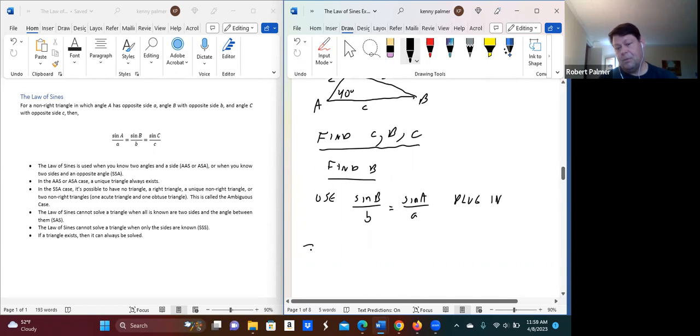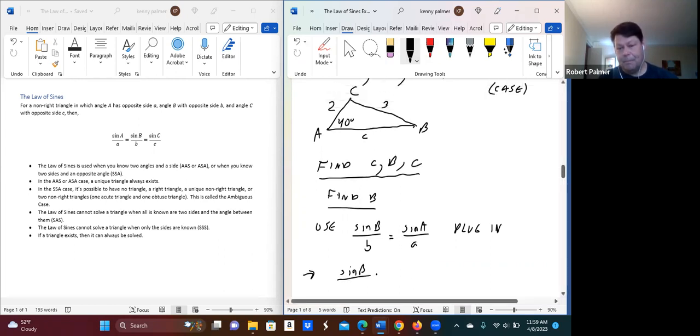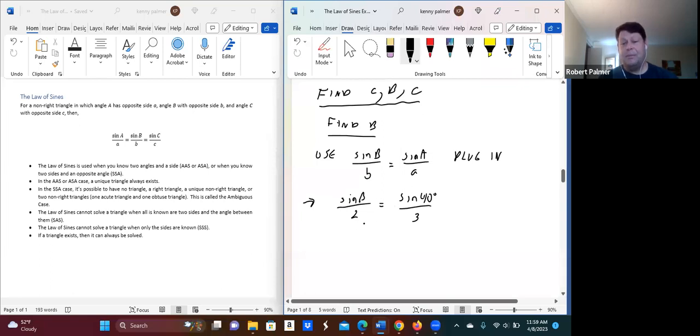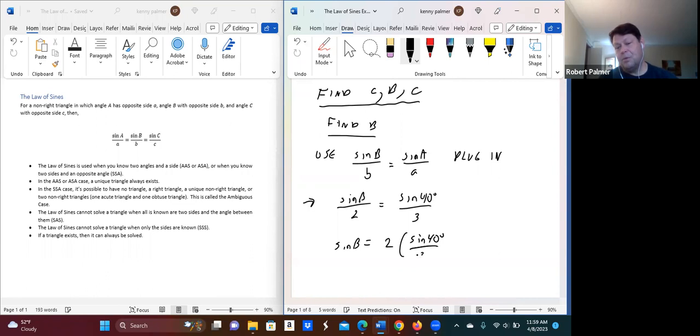We have the sine of angle B over side B, which was 2, is equal to the sine of angle A, which was 40 degrees, over side A, which is 3. Now just multiply both sides by 2. That's going to give us the sine of angle B equal to 2 times the sine of 40 degrees over 3. Okay. Now, let's approximate this.